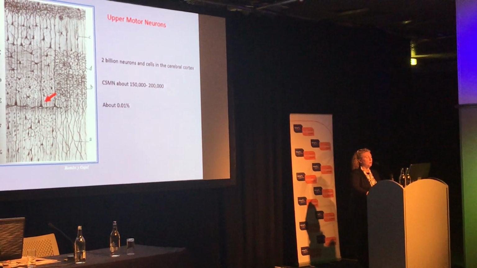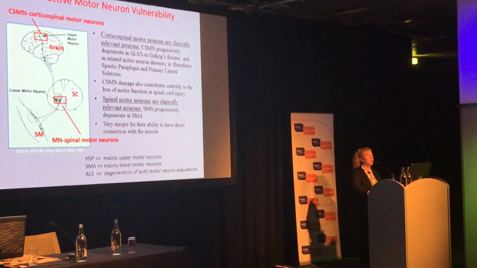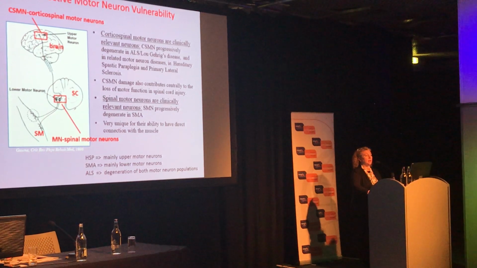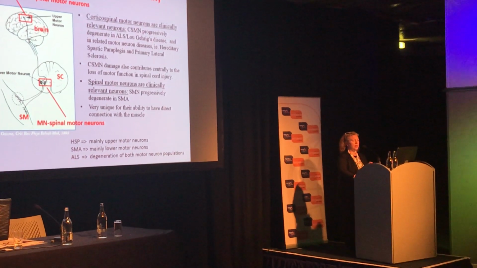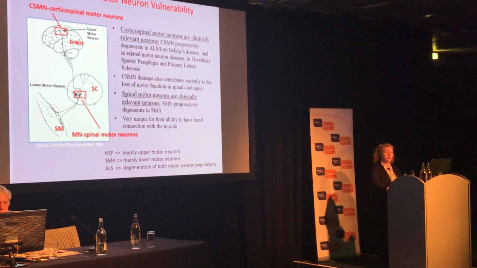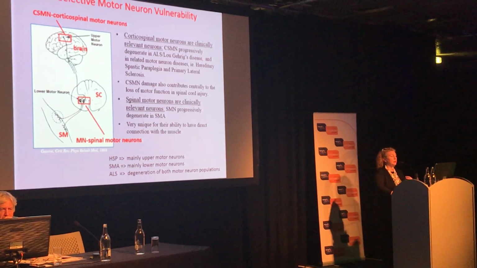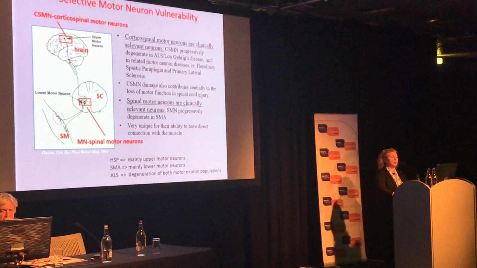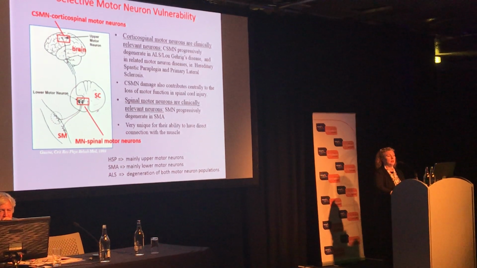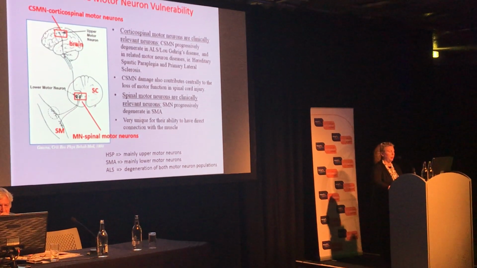But I think what makes them important is their function. These neurons degenerate in ALS patients, in hereditary spastic paraplegia patients, and in PLS patients. Their degeneration, together with spinal motor neurons, makes ALS very complex.